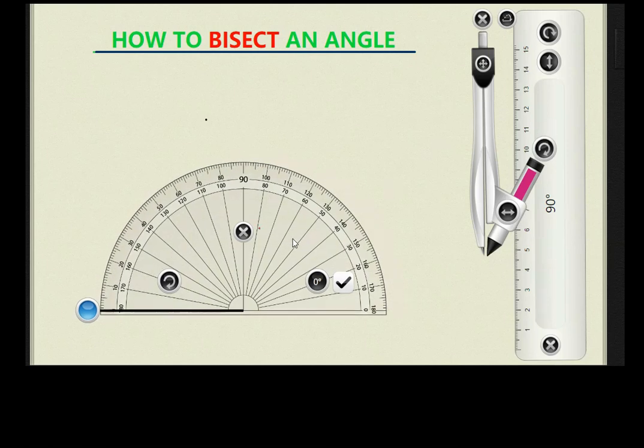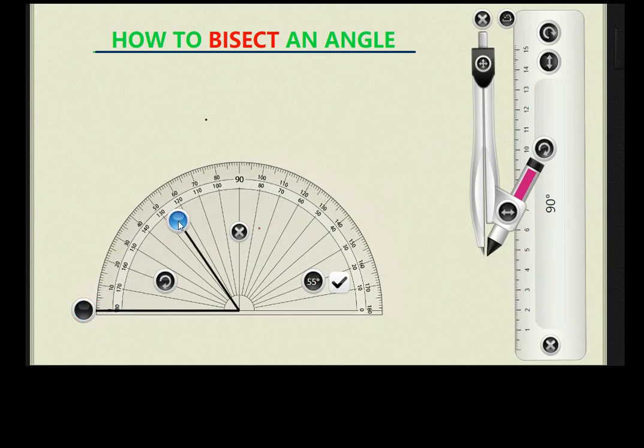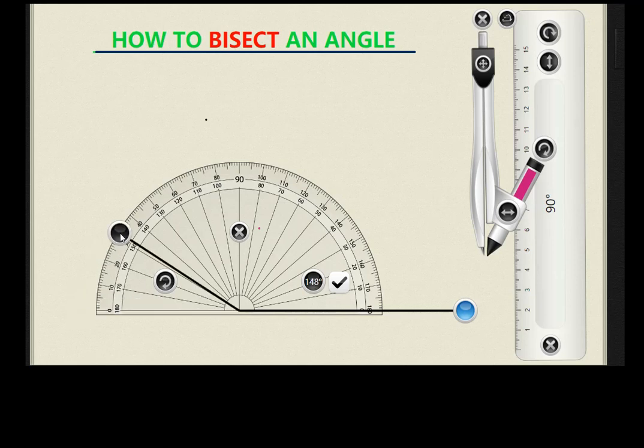I want us to know how you can bisect an angle, because it will be very, very important when you are doing your constructions. Now, for instance, we have an angle here.